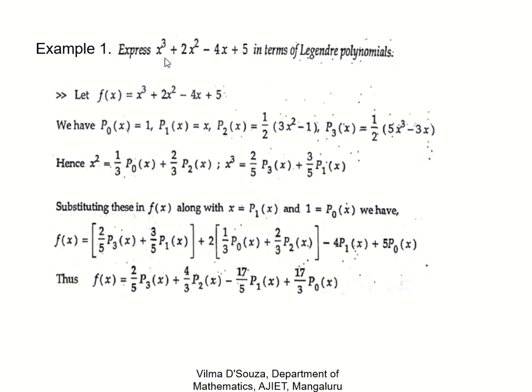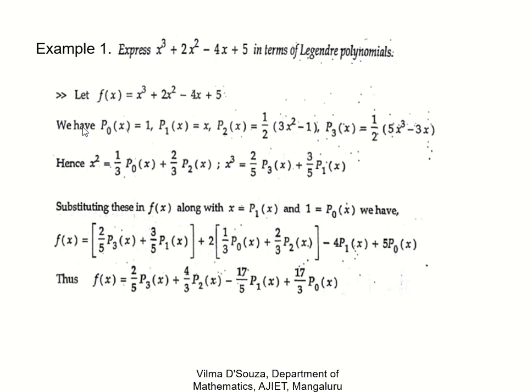I repeat again: if the maximum power of x is 3, that is if you have an x cube term and no x power 4 term, then it's enough to consider P0, P1, P2, P3. If you have an x power 4 term also, then you have to consider P0, P1, P2, P3 and also P4.